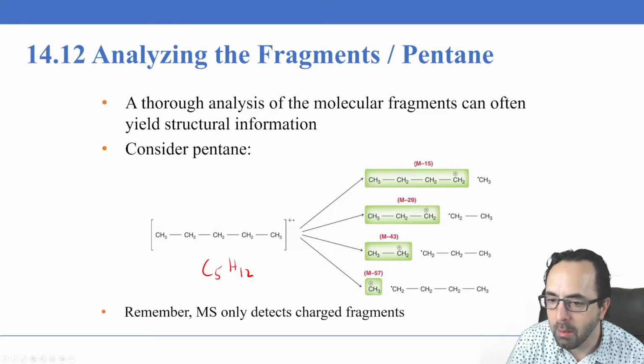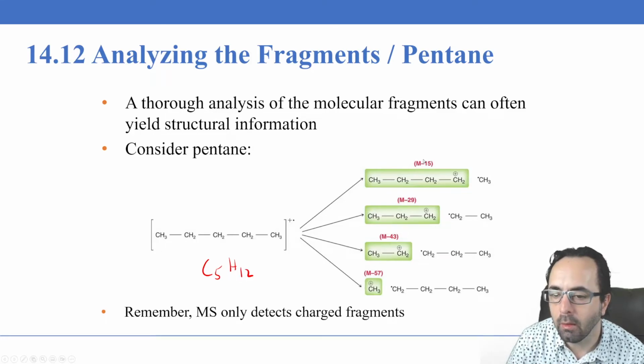You're going to see an M-15 peak if the counter ion that's not detected is methyl. You're going to be wanting to look at 15 mass units below the molecular ion. This will tell you there was a fragmentation where a methyl group came off that wasn't detected. You detected this fragment, so the methyl fragment came off and was not detected.